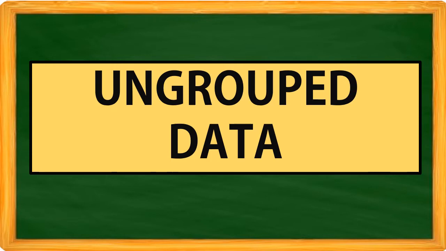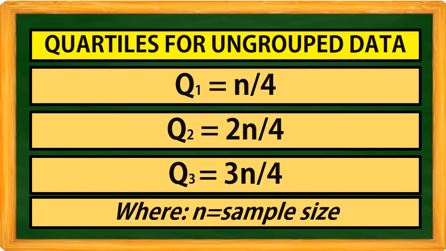So in statistics, we have the two types of data, the ungrouped data and the grouped data. In computing the measures of central location, we will also use the ungrouped data and the grouped data. So let us have first the ungrouped data. These are the formulas for computing the quartiles for ungrouped data.